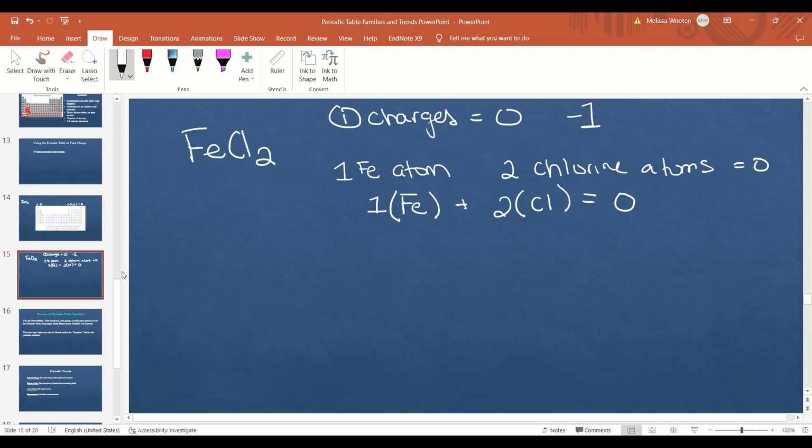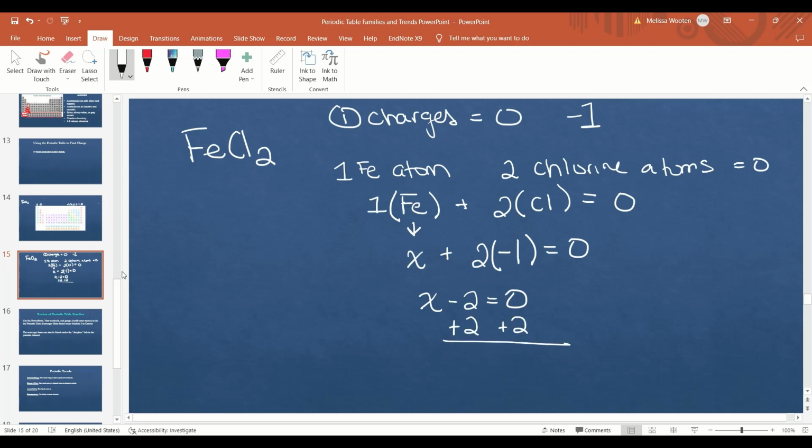So I just, because we don't need this 1 in front of here, and we're kind of more used to using x as an unknown, I replace this with x. So x plus 2, and our charge of chlorine is -1, equals 0, okay? And x minus 2 equals 0, and so we're going to add 2, right? That's going to cancel, and so x equals +2, and that's the charge of iron in this case.